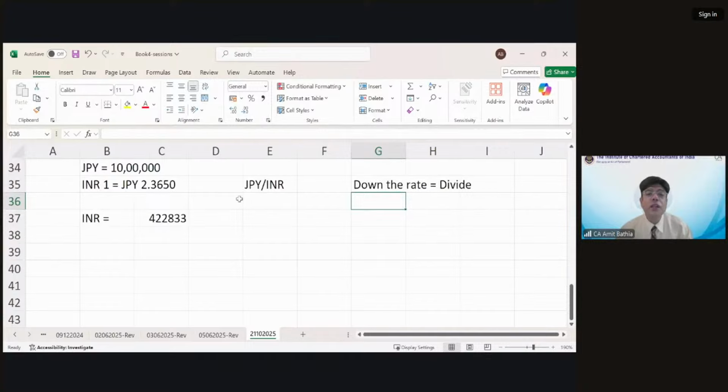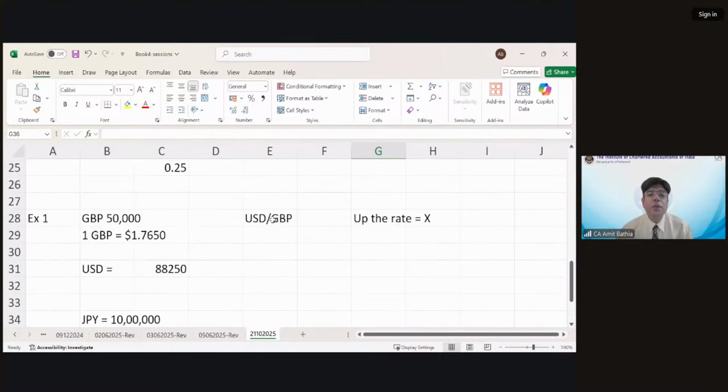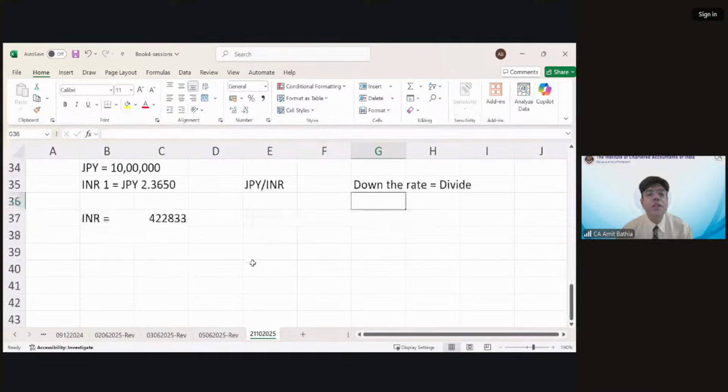In this case, as I said earlier, INR is our base currency, and Japanese yen will be considered the price currency. Similarly, GBP will be considered the base currency and USD the price currency.